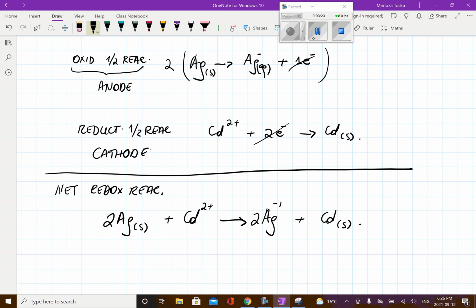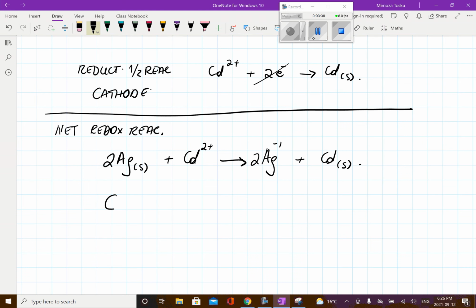We see that because the electric potential of the cell, which is calculated as the electric potential that is happening in the cathode minus the electric potential of what is happening in the anode, is positive.